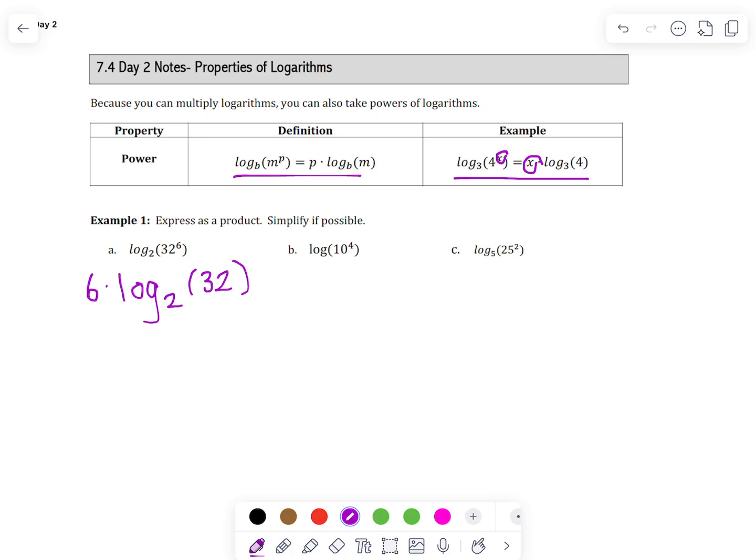So 32 can be rewritten as 2 to the 5th power. Now we have an exponential and a logarithm of base 2, so they will cancel each other out. So we're just going to be left with a 5. And then we would multiply that times 6. So 6 times 5 is 30.